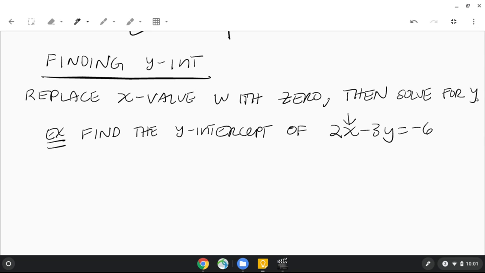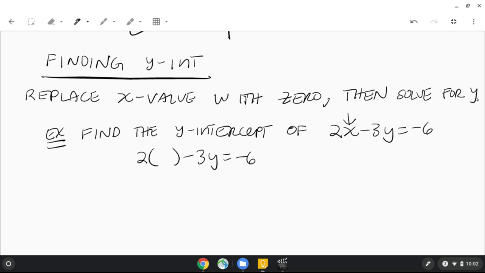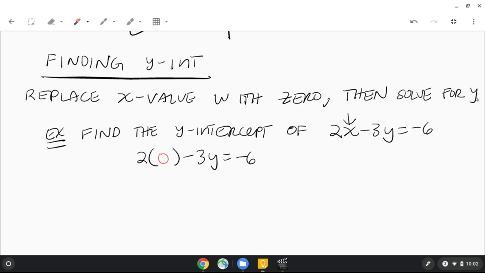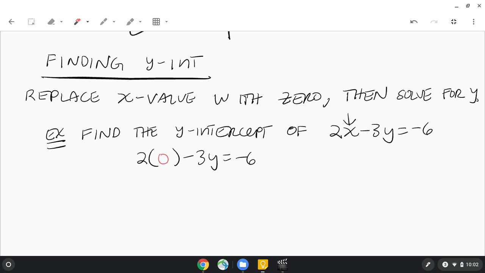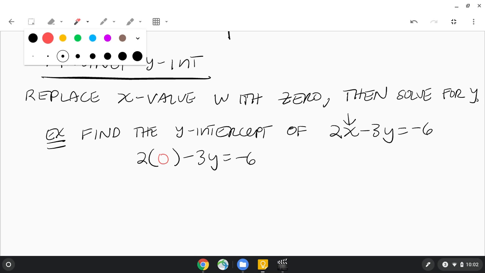I'm going to write 2 times, and I'm going to replace that x with 0. Now I can go ahead and simplify this and solve for y. Just remember, for the x-intercept you solve for x, for the y-intercept you solve for y.